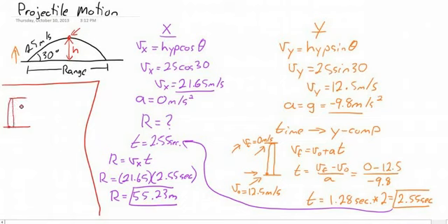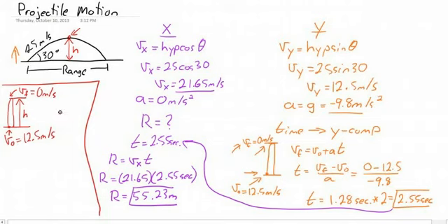And so we want to find this height, h, where we know that our initial velocity equals 12.5 meters per second, and again, its final velocity here is 0 meters per second.